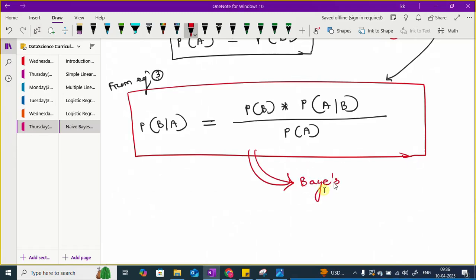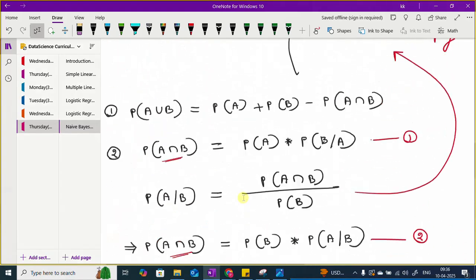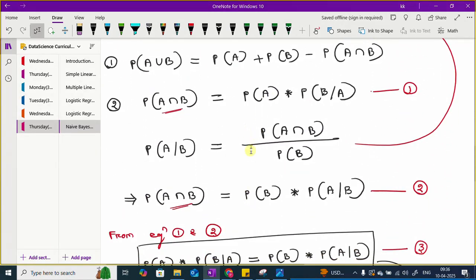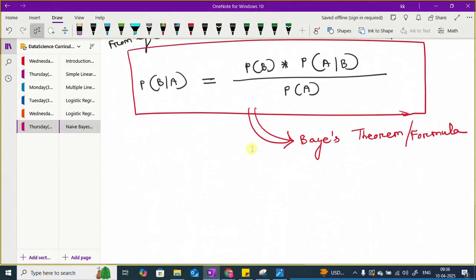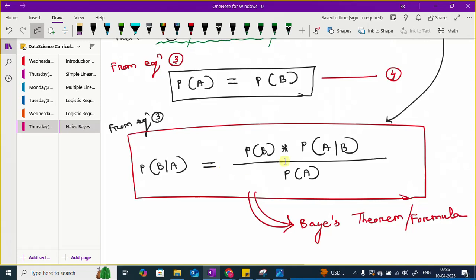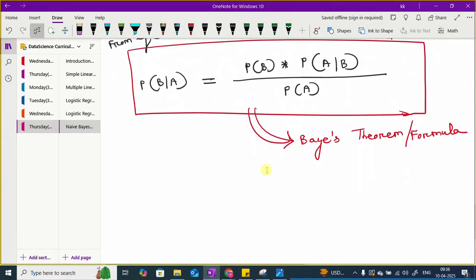Bayes theorem, or Bayes formula, or theorem, or I can say formula. That's what is written in that PPT. So I derived it in front of you only by using the mathematical equation. There is nothing greater. So this is called Bayes theorem. Or in a reverse way also you can write. I mean, if this is the case, can I write?